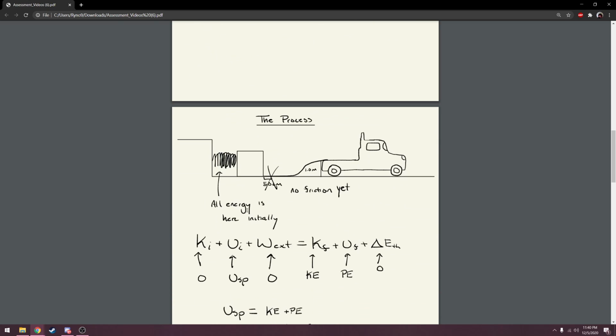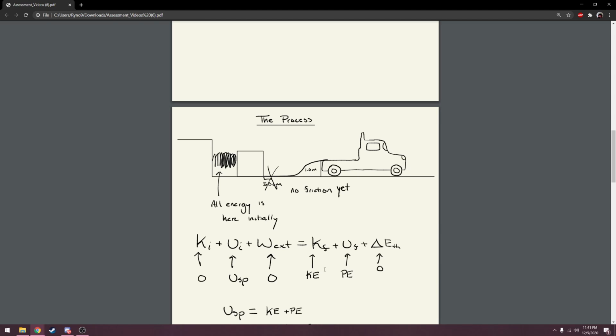So there's no potential energy from gravity, and there's no kinetic energy because it's not moving. So the only thing here is the U spring, or the potential energy from the spring. And there's no work external because there's no friction, and the work acting on it from gravity is being accounted for from the potential.